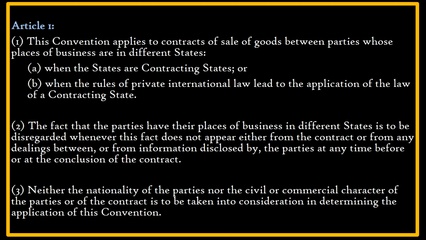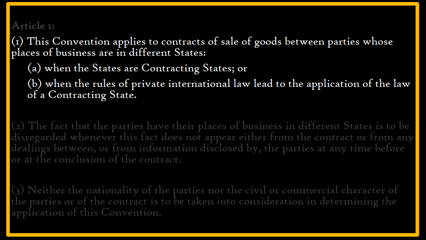All right, let's look at Article 1 of the CISG. Let's focus on subsection 1. I really only want you to know subsection 1. Subsection 1 says, this convention applies to contracts of the sale of goods between parties whose places of business are in different states.